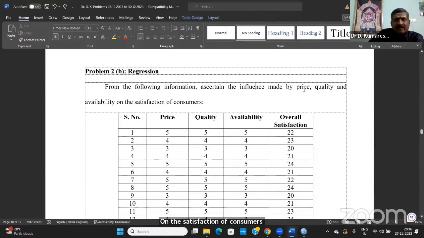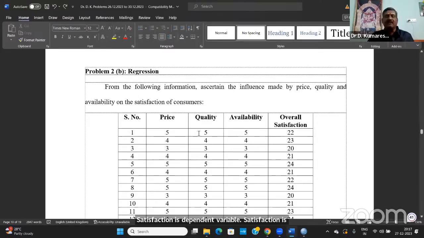That means price, quality, and availability are independent variables. Satisfaction is the dependent variable.